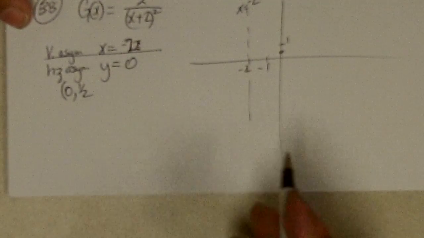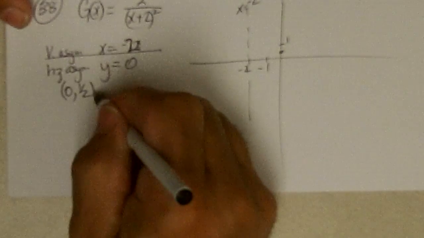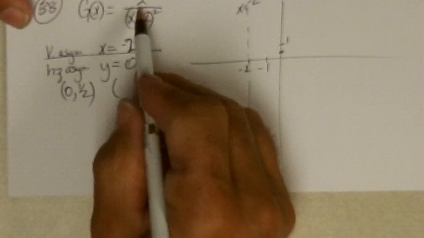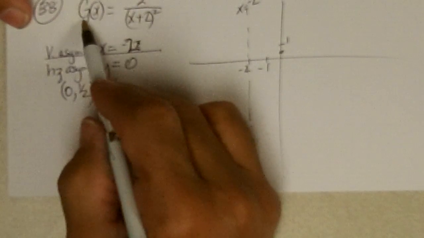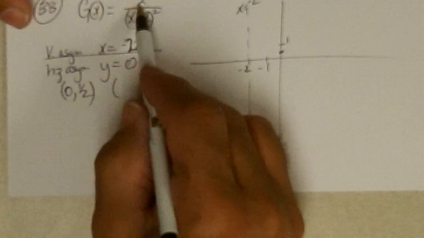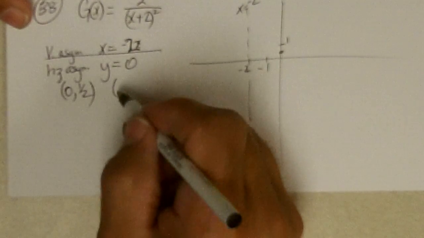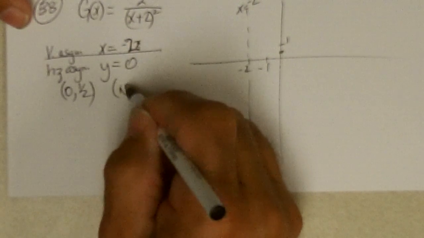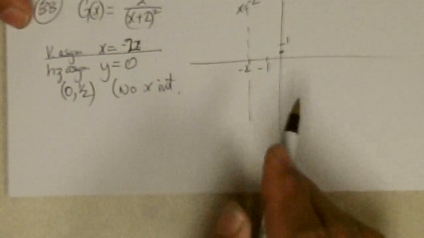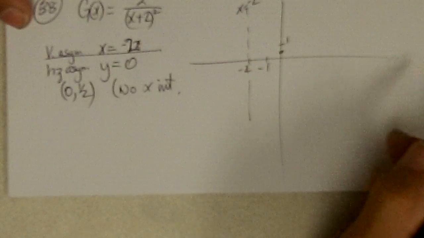And can we get any x-intercepts? That would be making y be 0. A fraction can't be 0 unless the numerator is 0, and 2 can't be 0, so no x-intercepts. So it doesn't cross the x-axis.